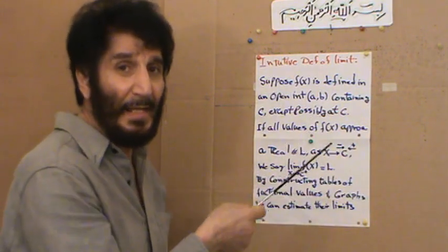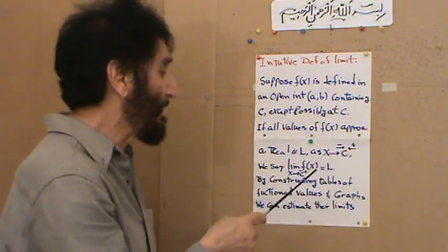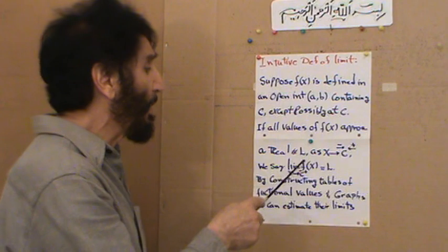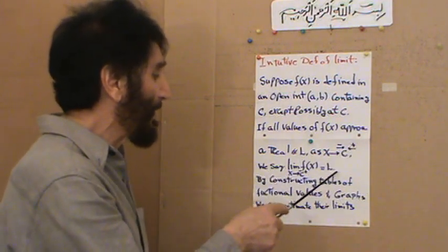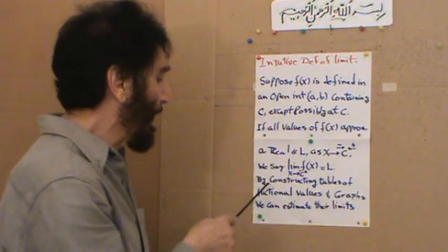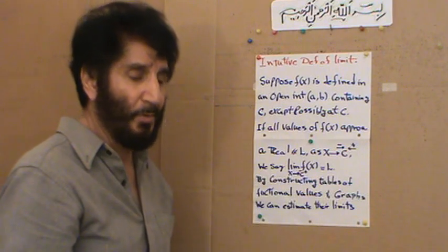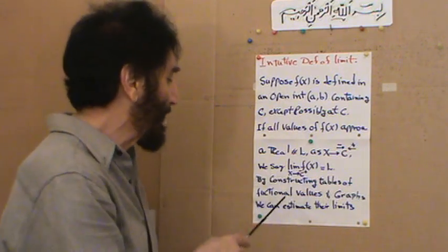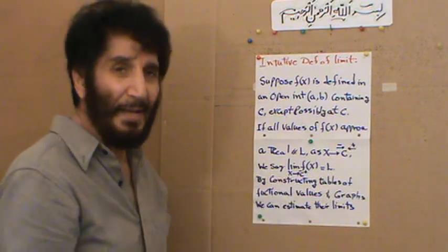Negative does not mean a negative value or negative number, it means approaching c from the left-hand side. Then it says, a real number L as x approaches c, we say that the limit of f of x as x approaches c from right and from left is equal to L. We can do that also by constructing tables of functional values and graphs.